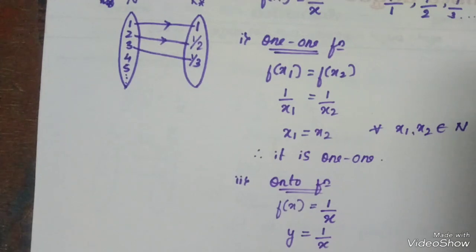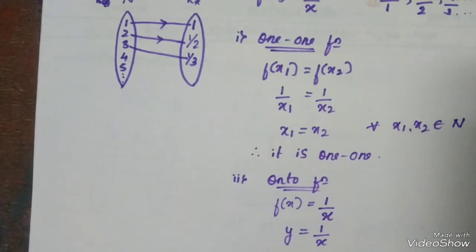Sorry, onto function means every element of the codomain has an image in the domain. Here some values do not have any image. So 1 by y does not belong to the natural numbers. Therefore, it is not onto.